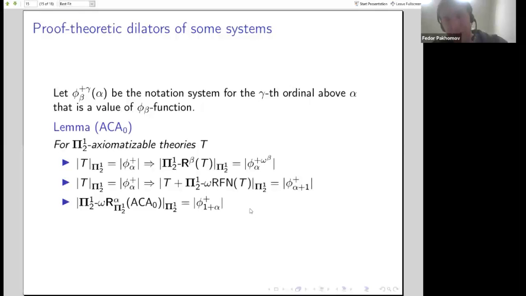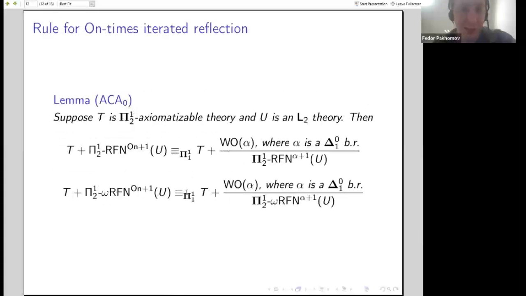Then the previous fact could be applied to the system of omega model reflection. Because of omega model reflection, we have this characterization of omega model reflection as omega plus one times iteration of usual reflection, and we then have this conservation result for it as this iterated reflection rule.